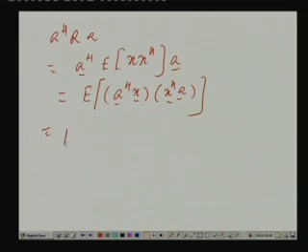Which is nothing but E of A Hermitian x times its Hermitian, and remember A Hermitian x is a scalar number. This row vector is A Hermitian, x is a column vector, row times column is a scalar number, and its Hermitian transformation is nothing but just conjugate.